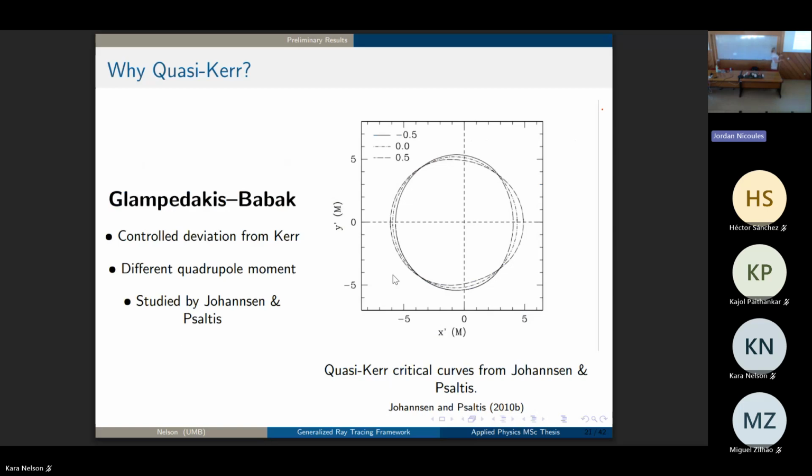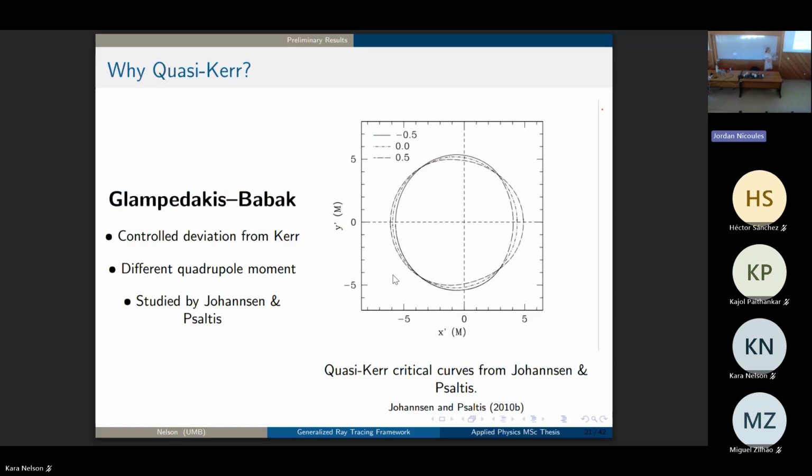It also has a different quadrupole moment than Kerr, so Johannsen used this metric to test no-hair errors and things like that. It has been extensively studied by Johannsen, so this is a really nice natural first step into a new, non-separable metric that we have some results to compare against.